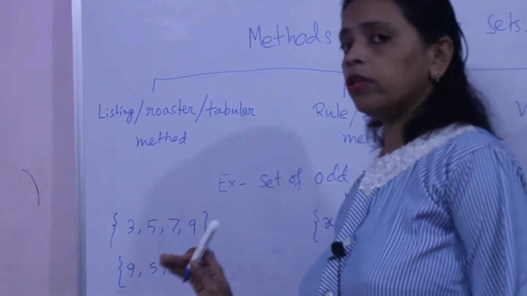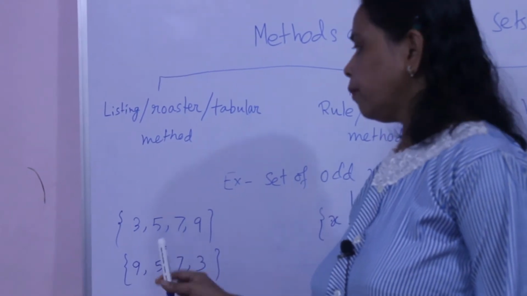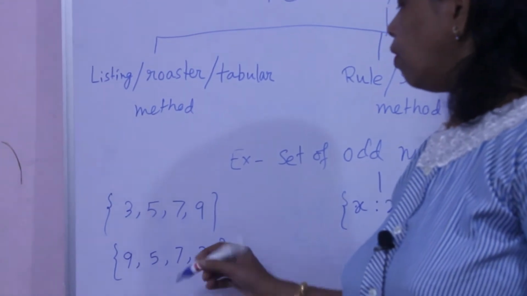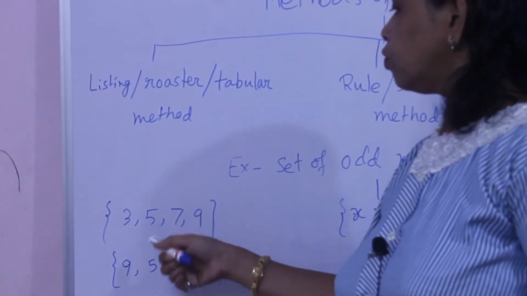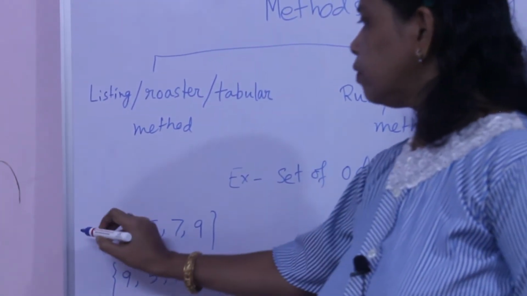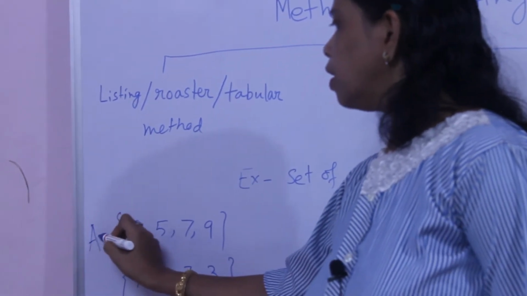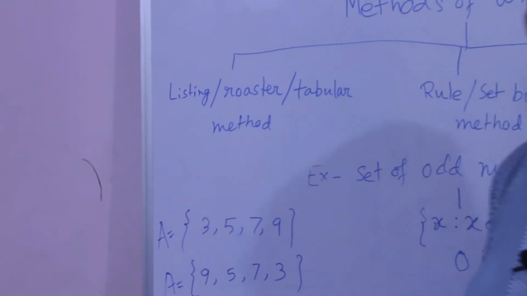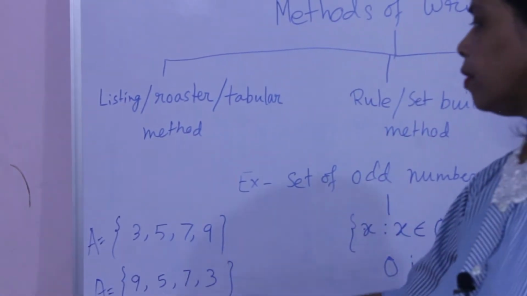We have to write all the numbers anyway. See here, I wrote here already 9, 5, 7, 3. All the numbers are present here. So both are same. Suppose this set is A, you will write like this. Both are correct. We have to write all the numbers like this.